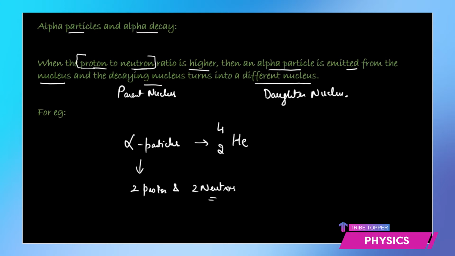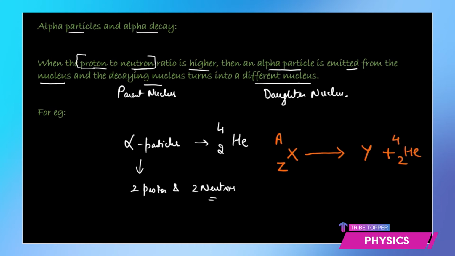There is a general equation. Your starting parent nucleus is ZXA, where Z is the atomic number and A is the mass number. The moment it releases an alpha particle, it becomes a different nucleus called the daughter nucleus, say Y, and the released particle is 2He4.